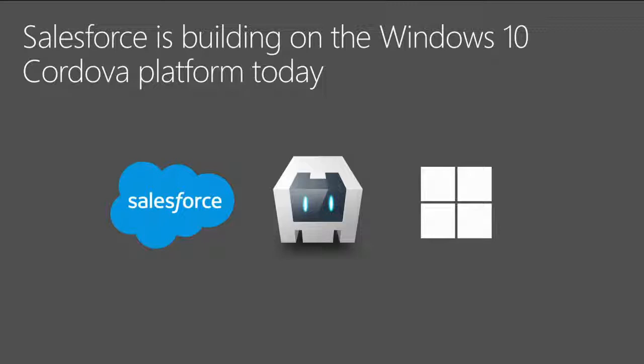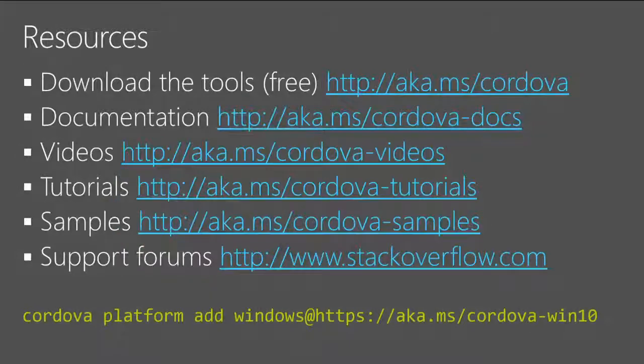We are working with a number of large financial institutions, health institutions, and food and safety inspection organizations as well to build apps. Cordova, it's real, it's out there, it's today, and it's not just us that are working on it. The platform itself has the backing of Intel, IBM, Google, Android, and hundreds of other independent developers. It's a very, very active project and one that we're committed to making easy for Visual Studio developers.